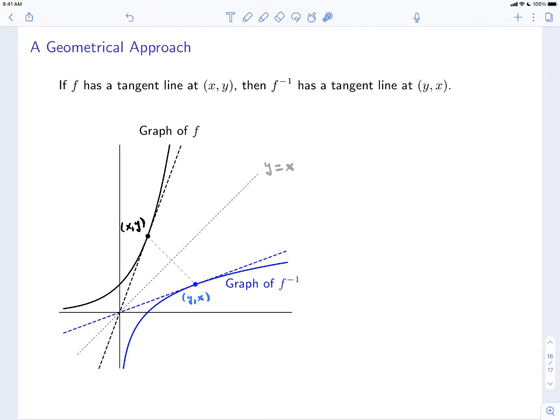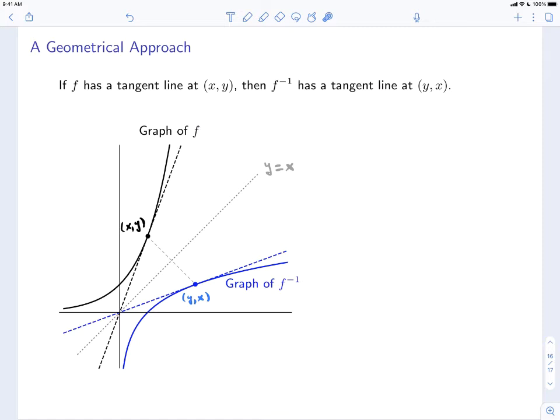So that's why when we were looking at the derivative of f inverse, we were looking at it with an input of y. Okay, so what else do we know here? We know that we're trying to come up with the equation of a tangent line, essentially, because we know that the derivative of a function is the slope of the tangent line.